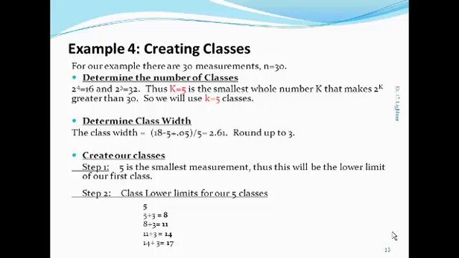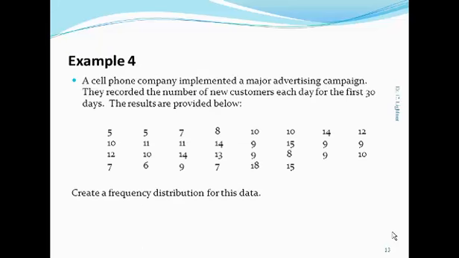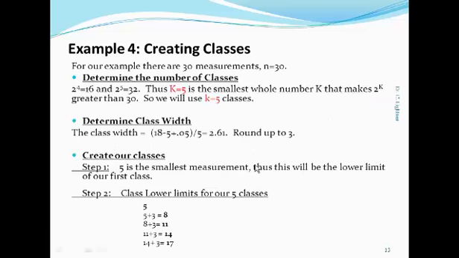Next, we determine the class width. Recall our formula for class width tells us to use our largest value in the data set. Our largest value is 18 minus the smallest value in our data set.